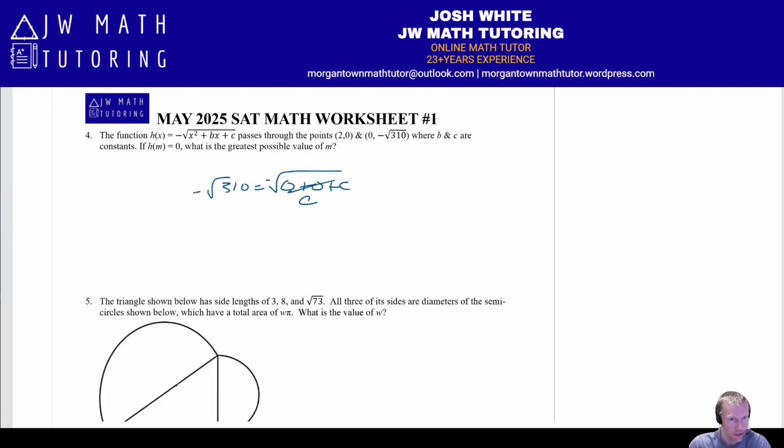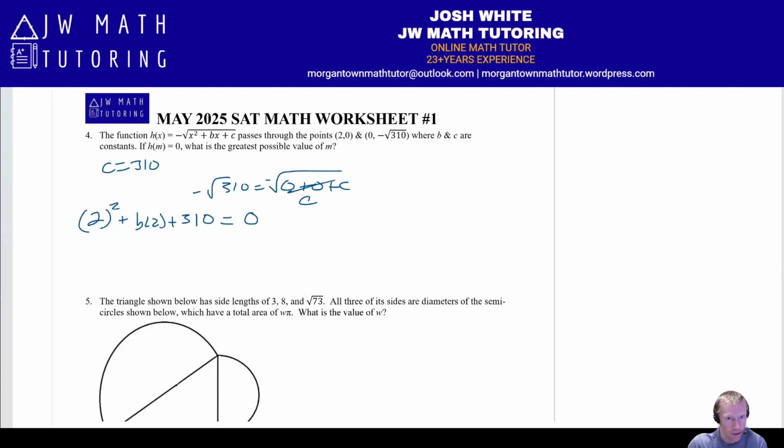Therefore, notice c has to equal 310. All right, then you could take 2, 0 and plug that point in, and then you could go ahead and get 2 squared plus b times 2, or 2b, and then plus the 310.